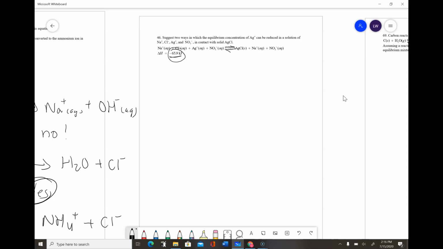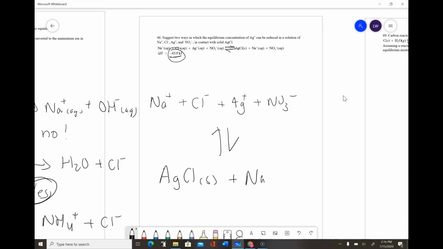So this is an exothermic reaction, which means that heat is a product. I'm just going to write this vertically to save some space because it's kind of long-winded. And what we want to keep in mind is that heat is a product.